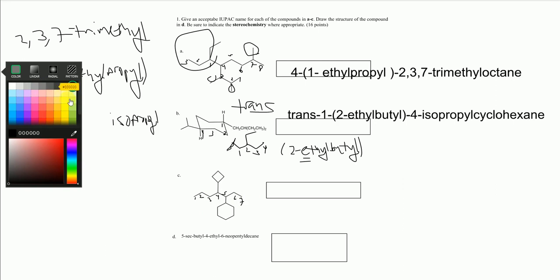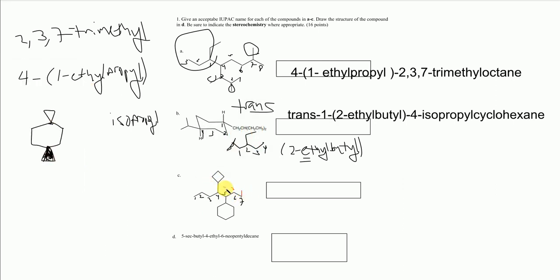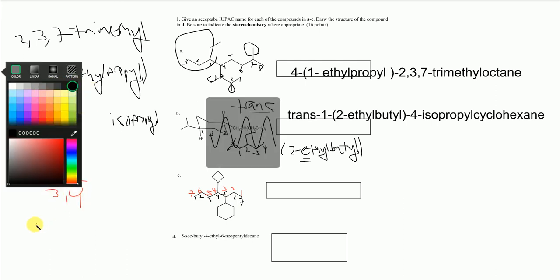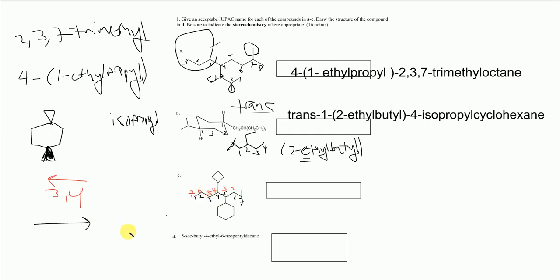And then in this direction, it's 1, 2, 3. This is 4. This is 5. This is 6. This is 7. So in the red direction, going this way, I have 3, 4, and in the black direction, I have it on 4, 5. Right. So right away, red direction is the winner.